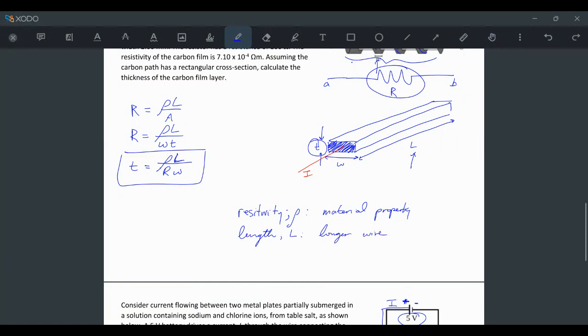The reason that resistance happens in a material is because the free electrons that are moved in response to a voltage or an electric field bump into the atoms in the solid. So the longer the wire is, the more chance there is for these things to bump into atoms. So there are little collisions, is basically what it is.